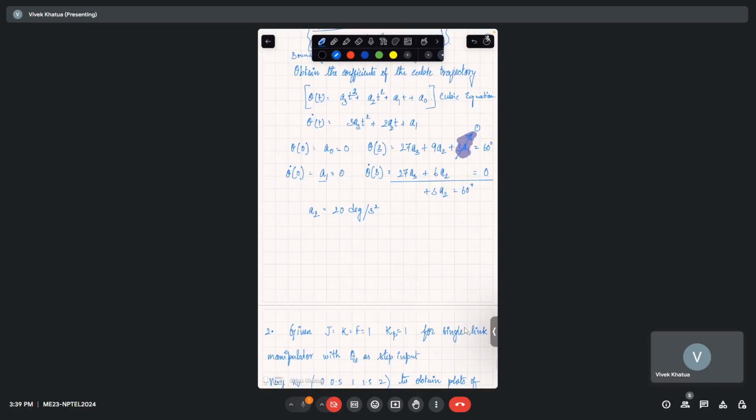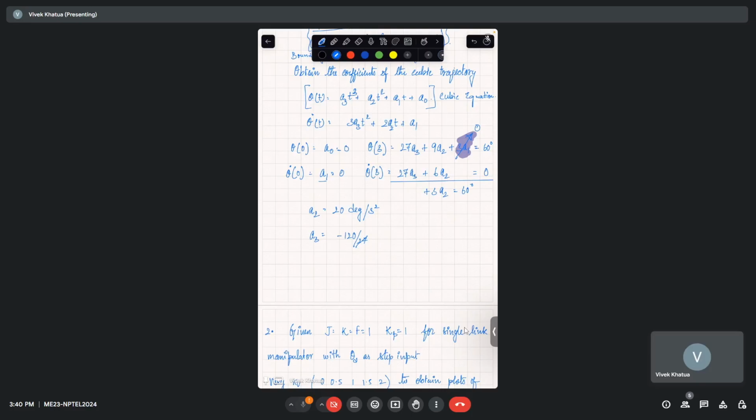Then what we do now is find a3, right? That is the only thing left. a3 will be equal to minus 120 by 27, right? By 27, 6 into 2, yeah, minus 120.